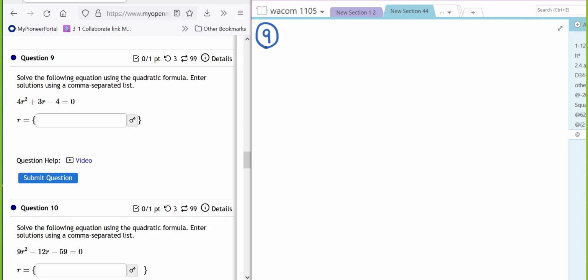This is one you could try to factor. But I would probably choose quadratic formula even if it didn't say it, because it is one that takes a little more work to factor, and there is the possibility that it won't factor. All right, so we'll do it with quadratic formula.